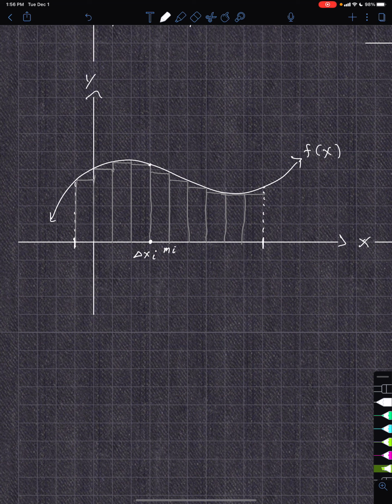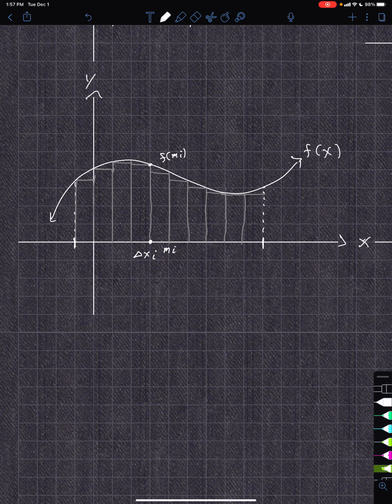Then this function value up here is f of m sub i. That's the height of this rectangle. All right, so then my delta x sub i is this width.